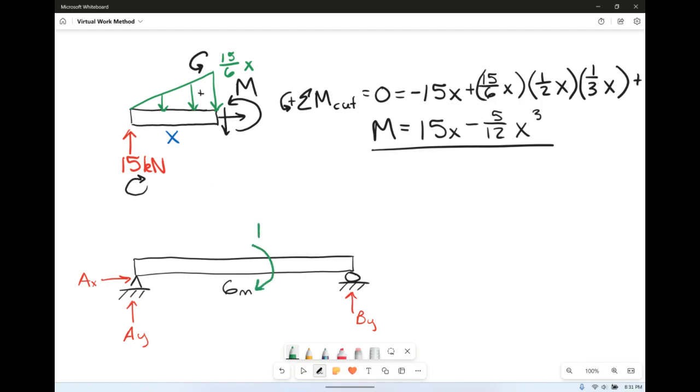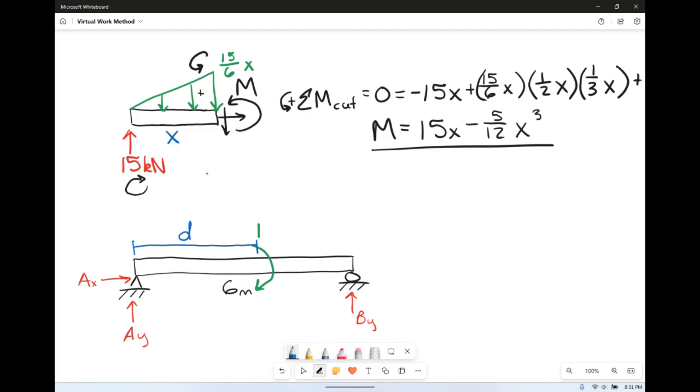This rotation has a unit of 1. It's just a point moment of size 1. Now again, we don't know the distance to this, so we're going to call that D.